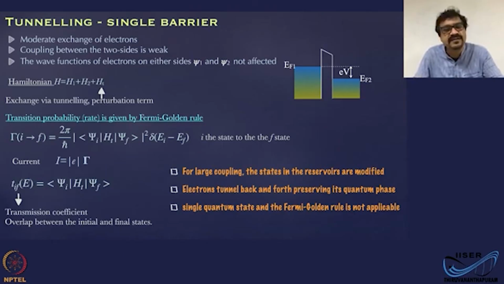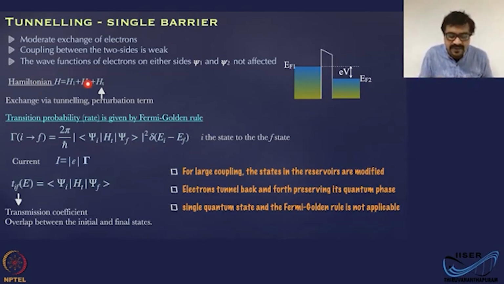What that means is the wave functions of electrons on either side, which are psi1 and psi2, are not very much affected by this coupling. They are still the same. They don't change much by this tunneling process. Okay. So in that regime is where we are going to apply all our mathematics or all our concepts.